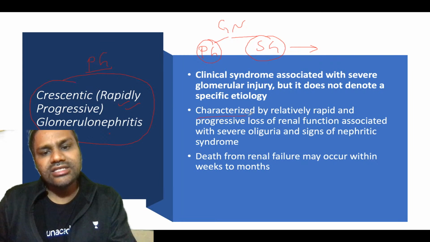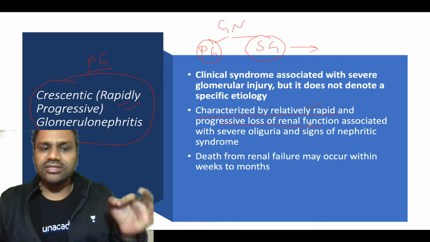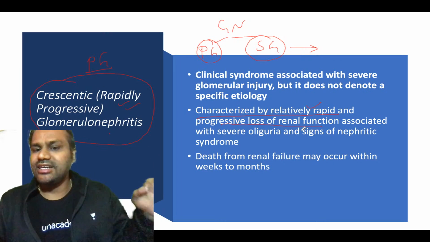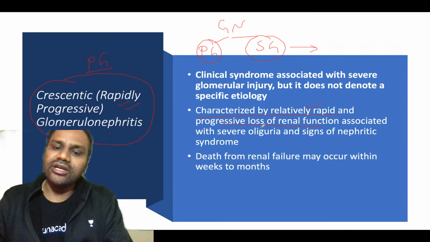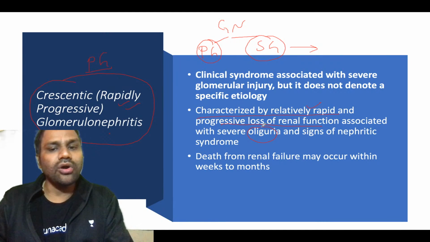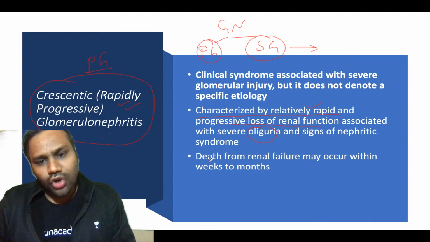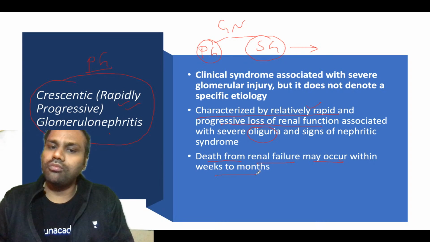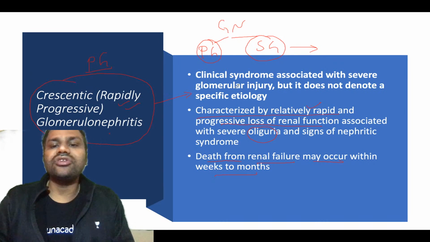It is characterized by relatively rapid and progressive loss of renal function, going towards end stage renal disease, which implies that you are going to get oliguria, severe oliguria or anuria. If it is not treated, then there can be death from this renal failure within weeks to months.